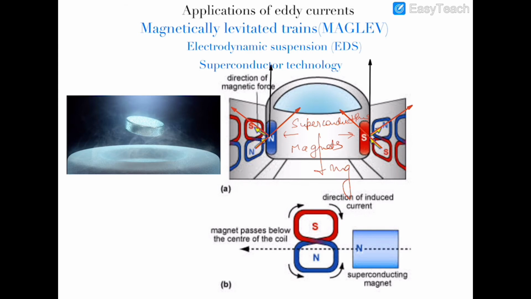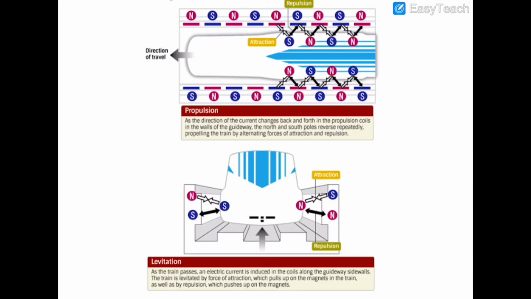Now I will illustrate the propulsion. First of all, these coils which are attached to the walls have alternating currents. So this north and south is changing quite rapidly. Now you can see a situation in which the poles and the force directions are shown.